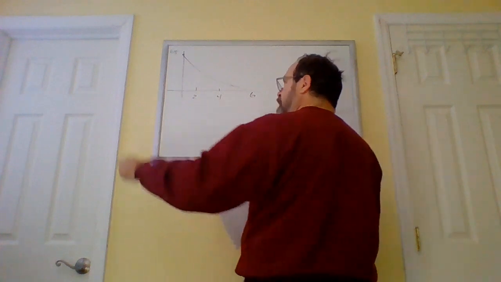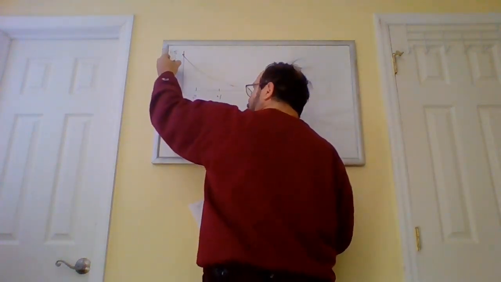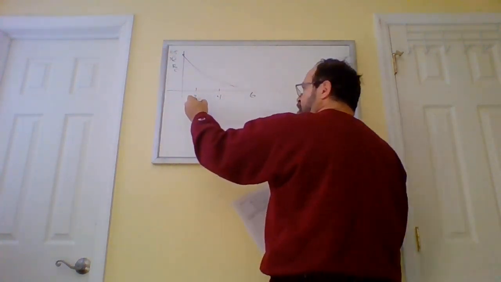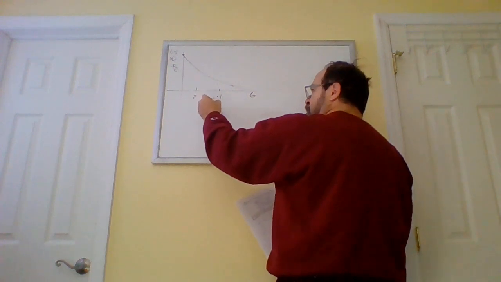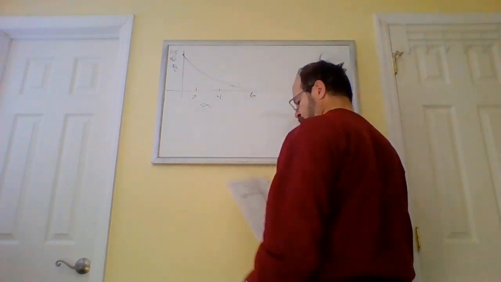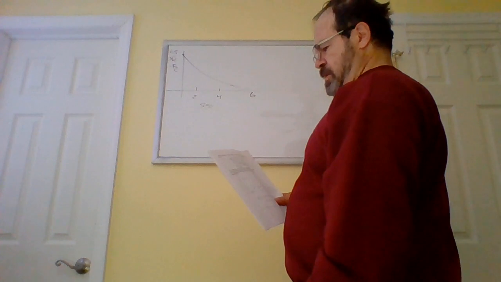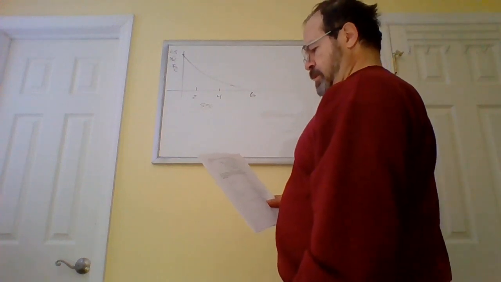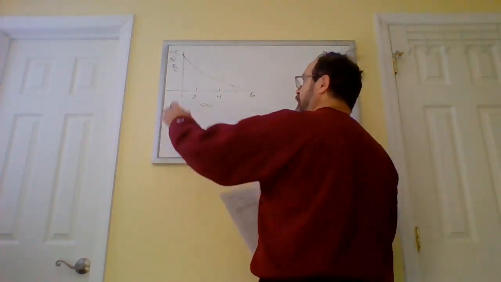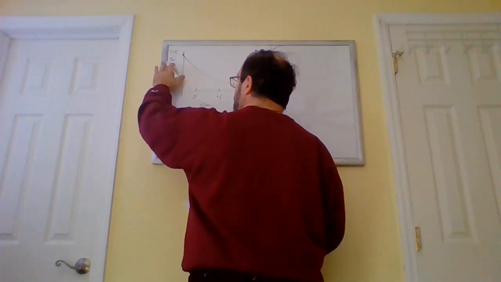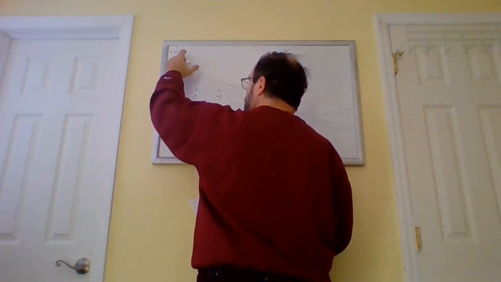Now, again, this is feet per second, and this is seconds. Which is kind of bizarre if you think about it. Does a graph of velocity. This would be feet per second.